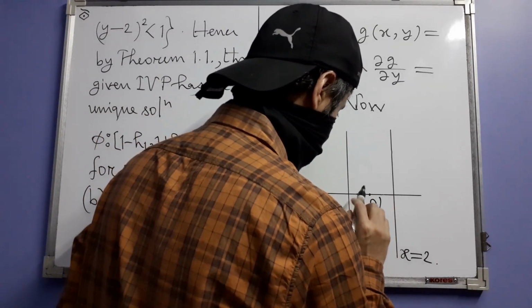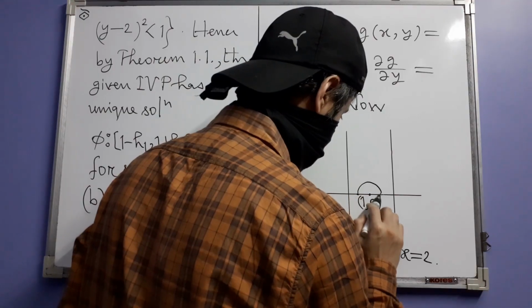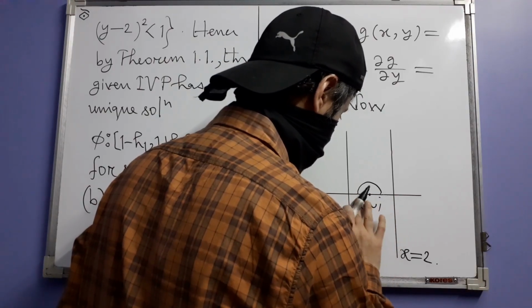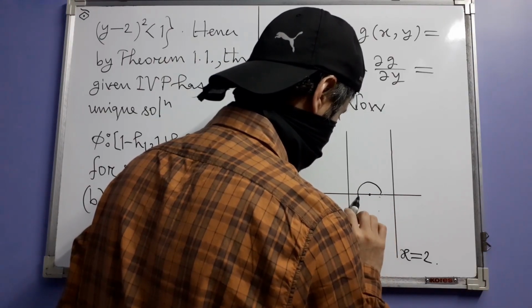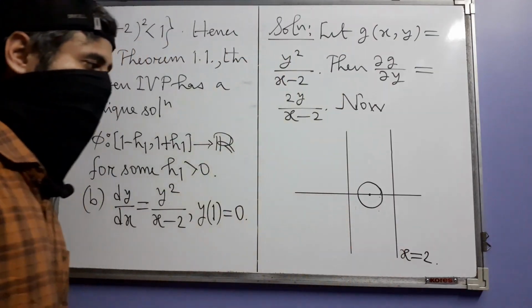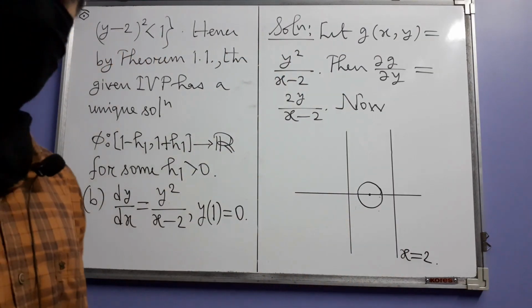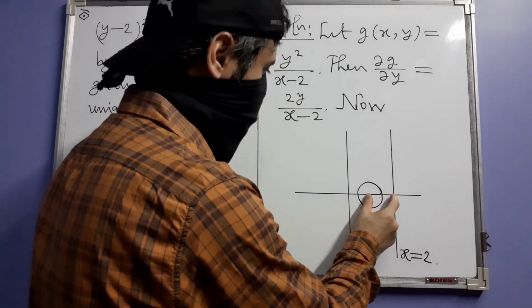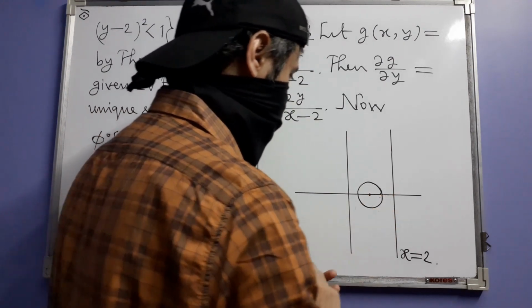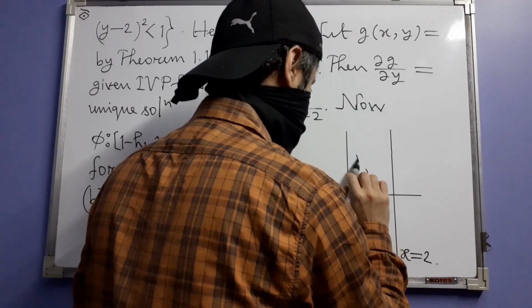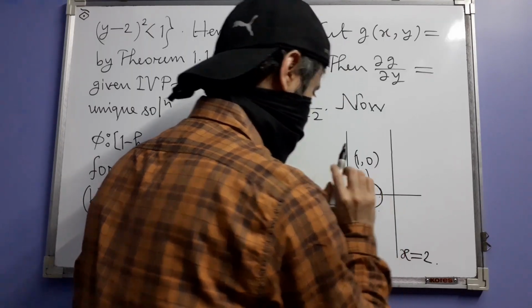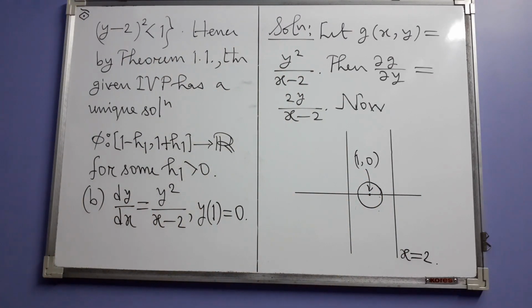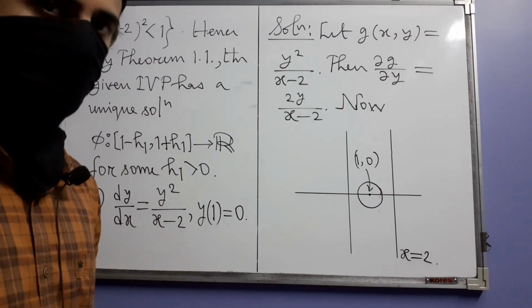So why don't I choose this circle? What is the radius of this circle? The radius is 1 divided by 2, because this much is 1. Okay, so I am going to take that circle.